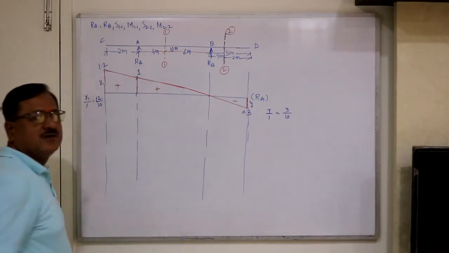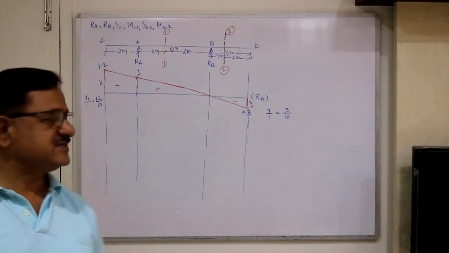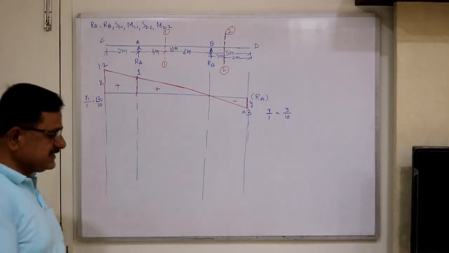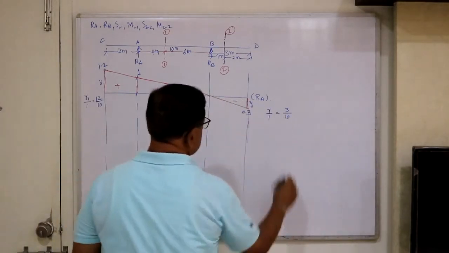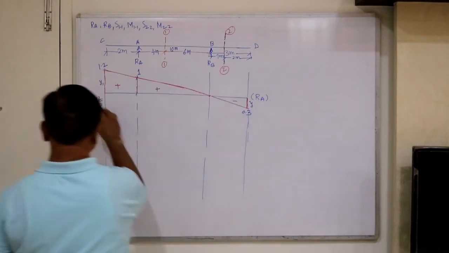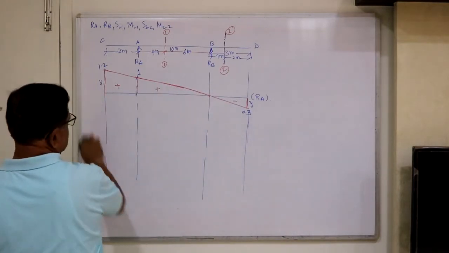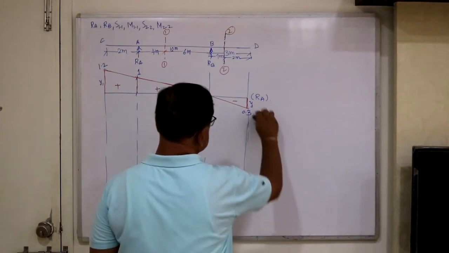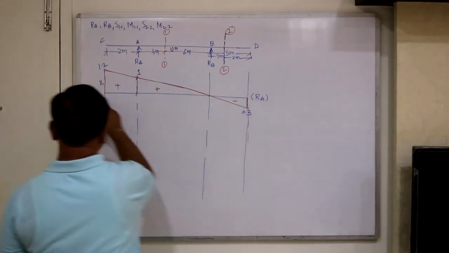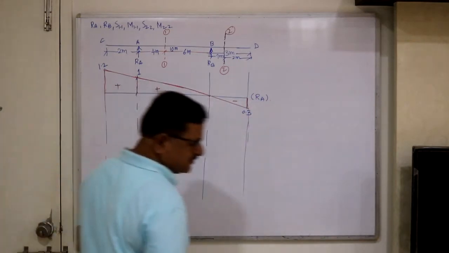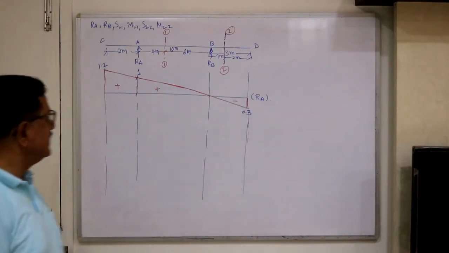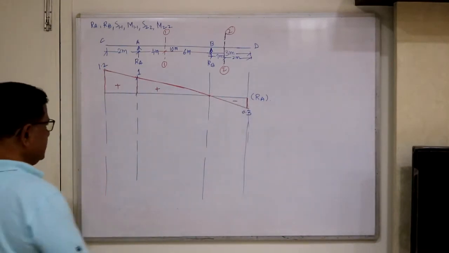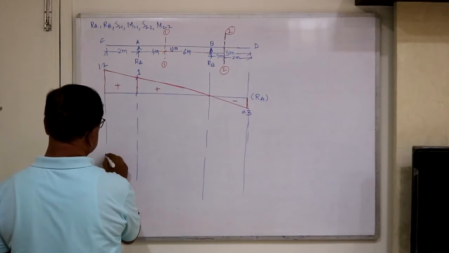By using Müller-Breslau principle this we know, and other ordinates you find out by geometry or by using similar triangles. These ordinates are to be calculated, remember, that is important. So this becomes your ILD for RA. Now let's draw ILD for RB.